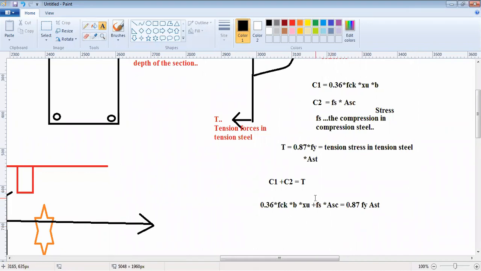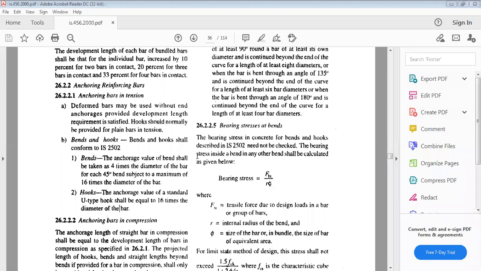Now what is Fs? The compression stress in compression steel. How do you get that? And will it be equal to what you have in tension? If it were equal to the tension stress, then it would have been 0.87 Fy.